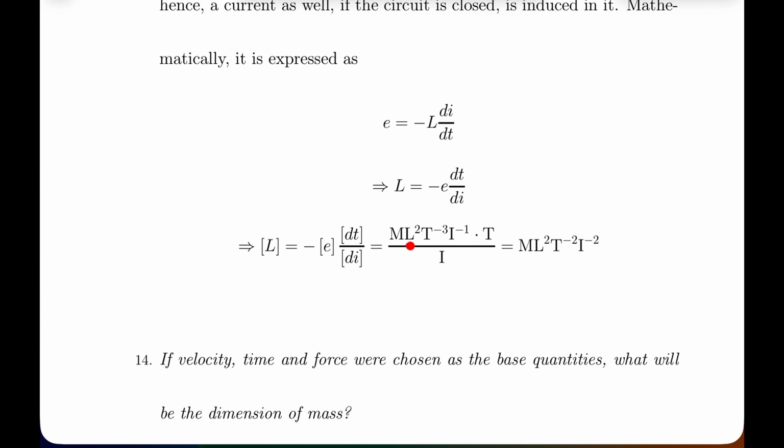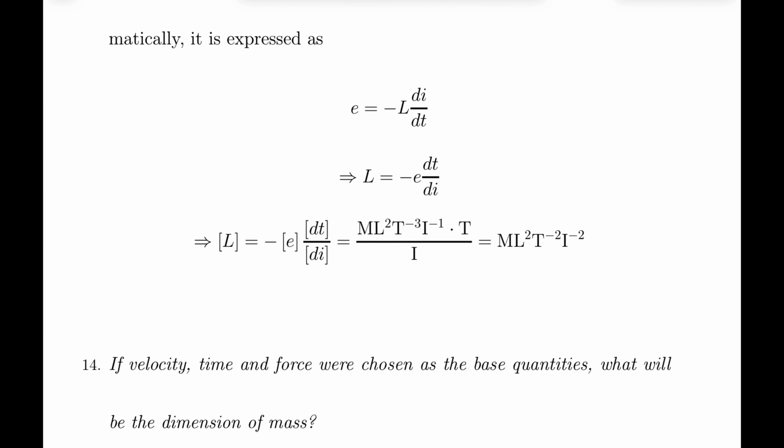This is the dimensional formula for EMF or voltage. Clear? dt stands for time, so this is T here, and di stands for current, so this is I here. When simplified, this gives you the coefficient of self-inductance as M L square T to the power minus 2 I to the power minus 2.